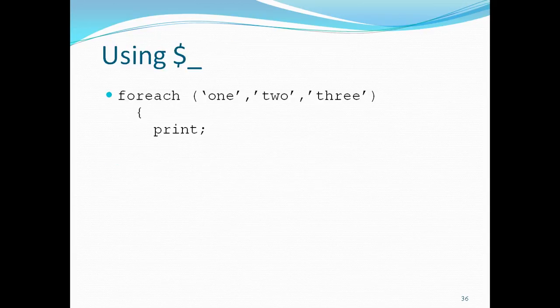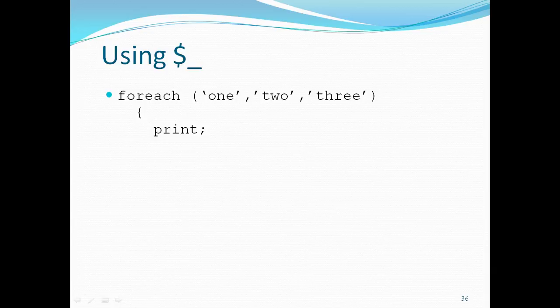So let me take this foreach 1, 2 and 3, and see it doesn't have any variable assigned in this situation, and I just wanted to simply print this. So if any variable is not assigned, by default, as I said, it will go into the special default variable dollar underscore, or you can give a print statement.